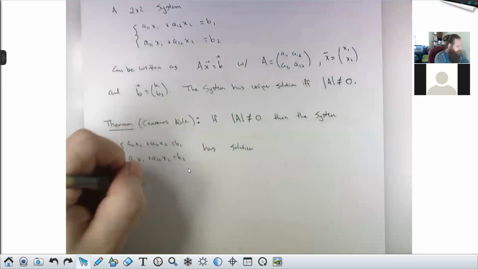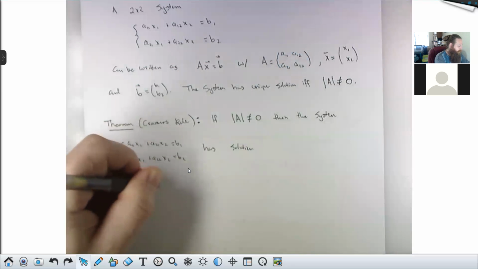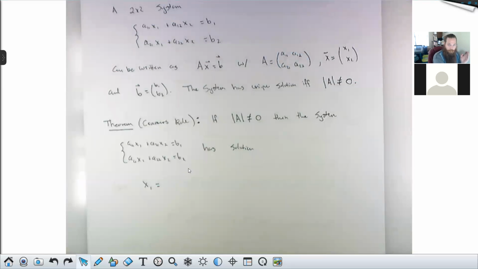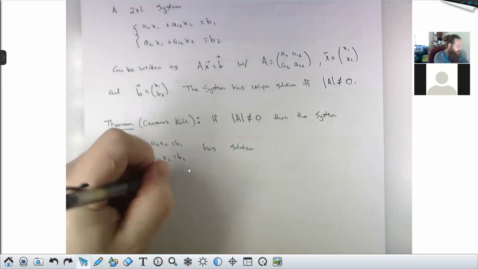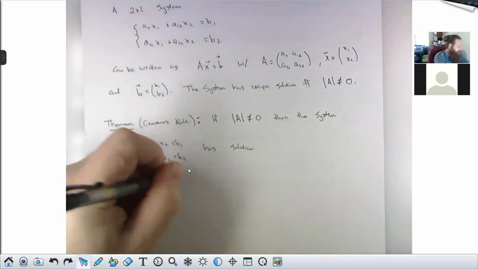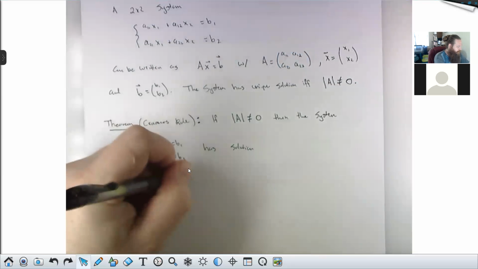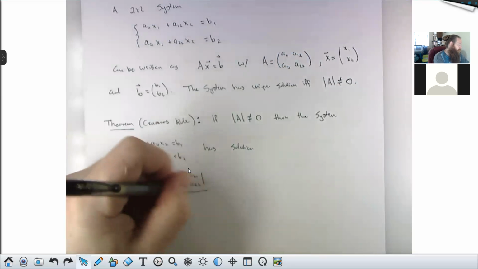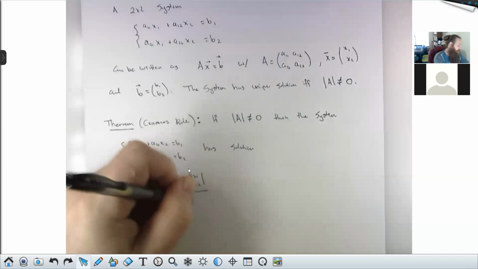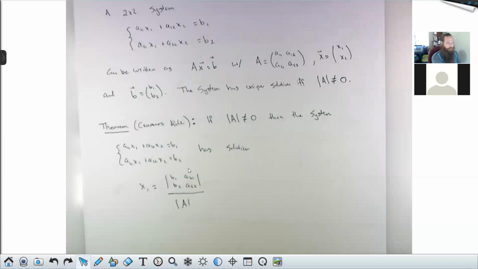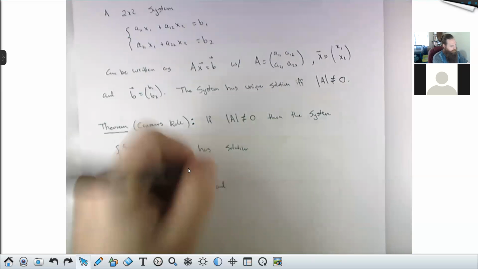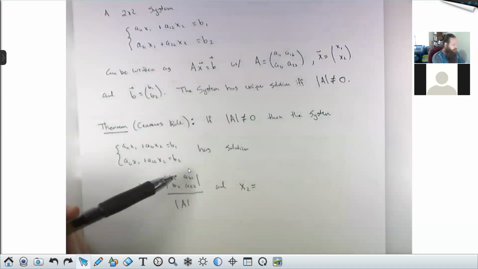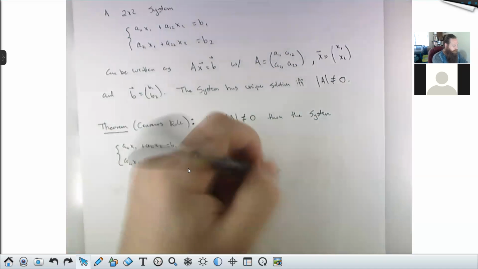So x1 would be the matrix A with the first column replaced by the right-hand side, and then take its determinant. This would be B1, B2, and then A21, A22, divided by the determinant of A. For x2, you take the matrix A and replace the second column by the right-hand side.